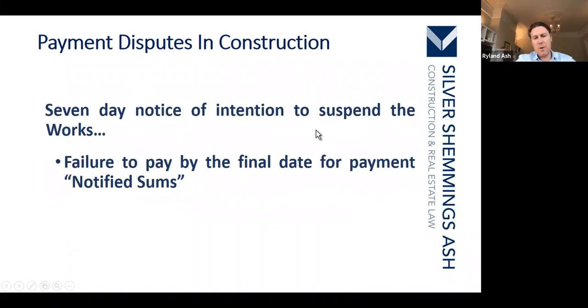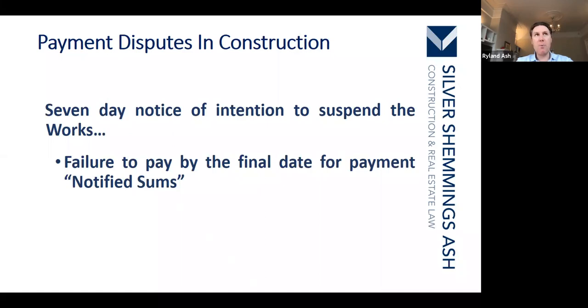Now, in terms of your remedies or your leverage, if you're not being paid, there's a number of things that you can do, but the one that stands out, first of all, is the 7-day notice of intention to suspend the works. This used to be a right to suspend the works for a failure to pay the sum due.